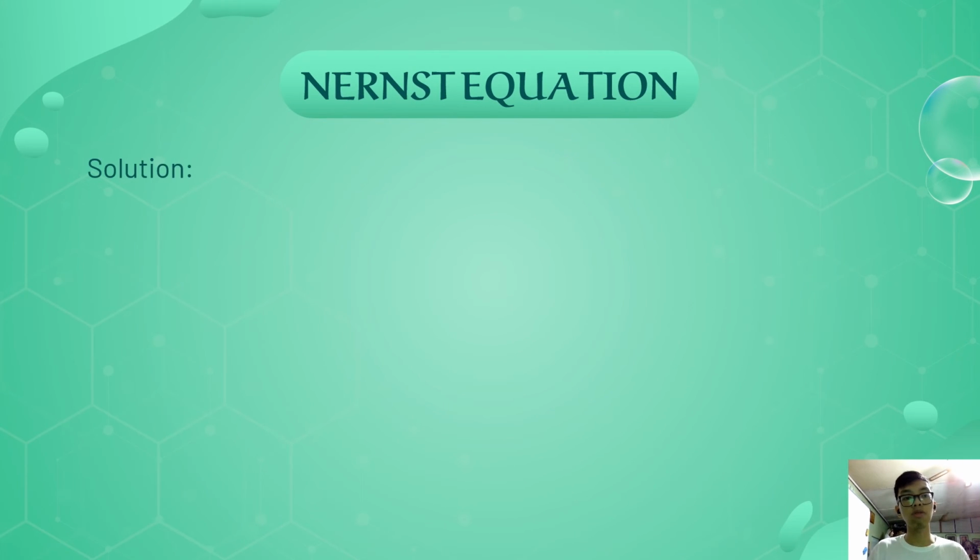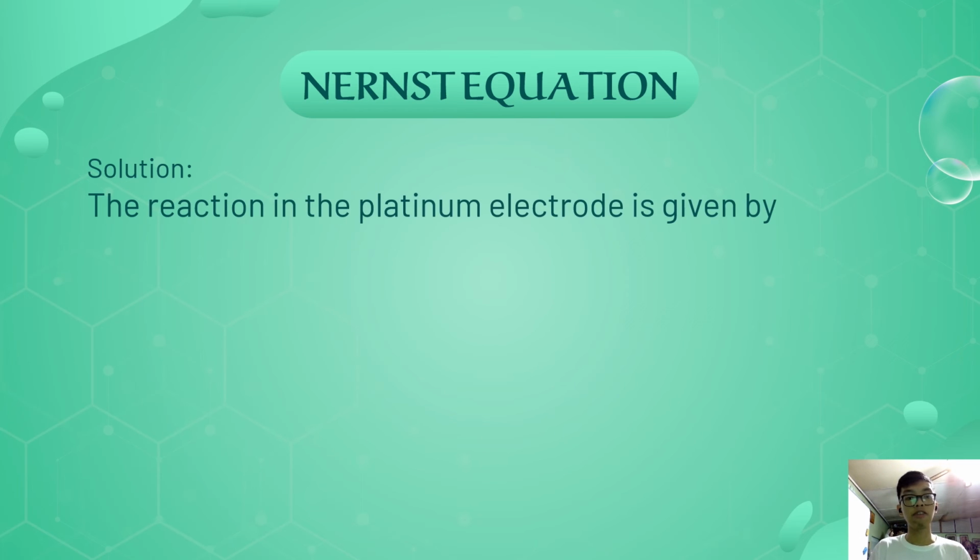So for our solution, we will be looking at the standard reduction tables to look at what type of reaction happens, and the reaction in the platinum electrode is given by this equation here, which is PtCl4 2- plus 2 electrons goes to form solid platinum metal and 4 chloride ions.